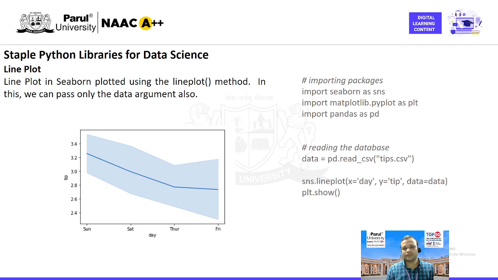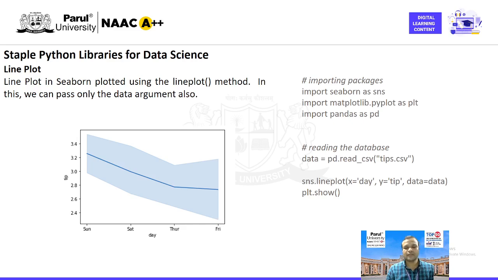In this example, you can see firstly we import the packages: import seaborn as sns, then import matplotlib.pyplot as plt, then import pandas as pd. After that, we read the datasets, reading the database, data is equal to pd.read_csv tips.csv. We want to use the tips dataset here.